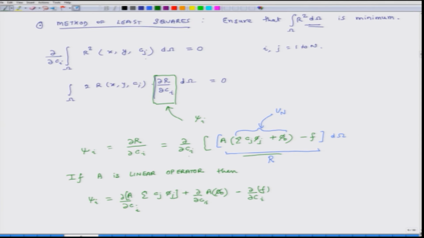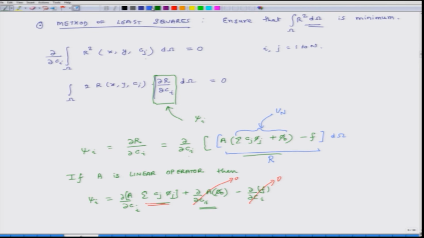So, if it is a linear operator, first thing I can do is I can separate it in Cj and Phi j. That is what we had defined several lectures back. Now, this part does not depend on C at all, it only depends on Phi naught. So, this is 0, this is also 0. So, the only thing which depends on C's is this term.